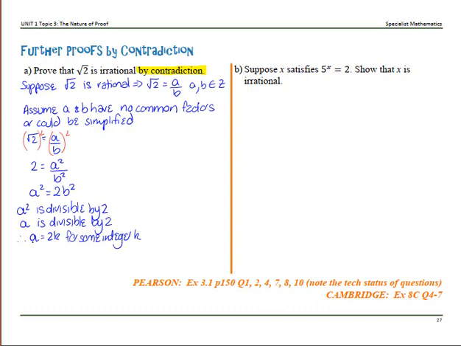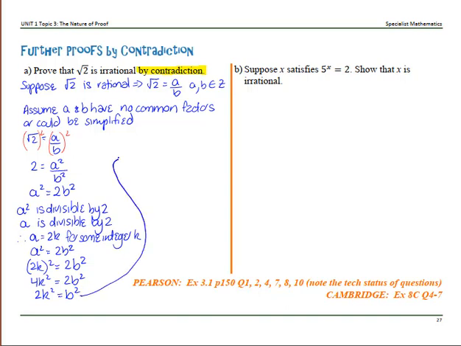So therefore, a squared equals 2b squared. We can replace a with 2k. 2k all squared has to equal 2b squared. 4k squared has to equal 2b squared, which means 2k squared has to equal b squared.